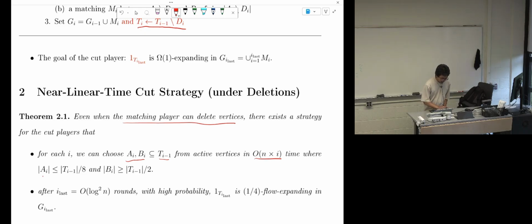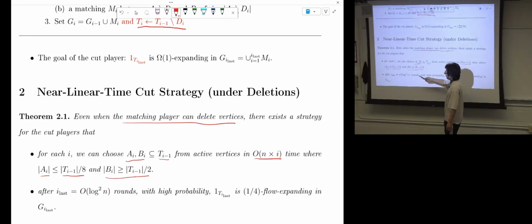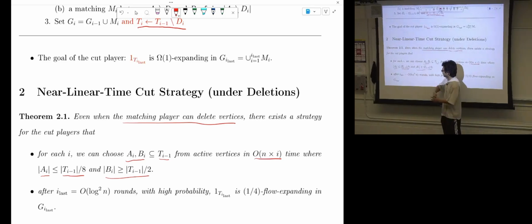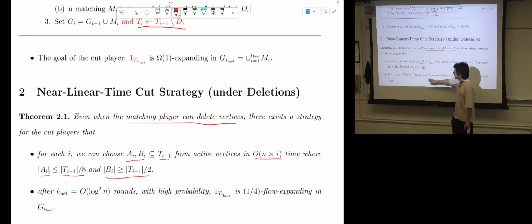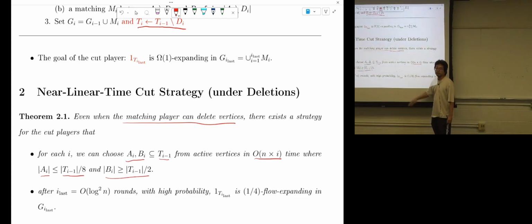I also promise that A_i is gonna be quite small, at most this size, and B_i is still big, more than half of the active set. Even when A_i is not too big, after a few rounds the indicator of the active set is expanding.